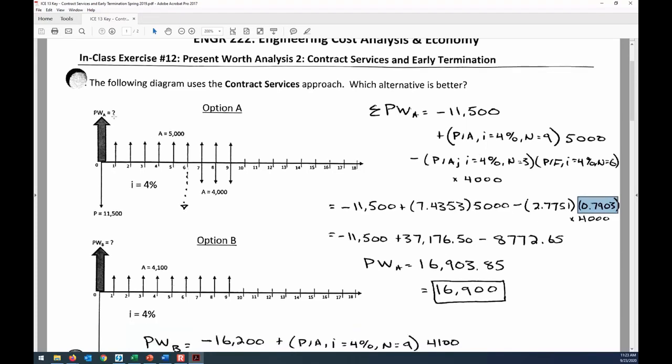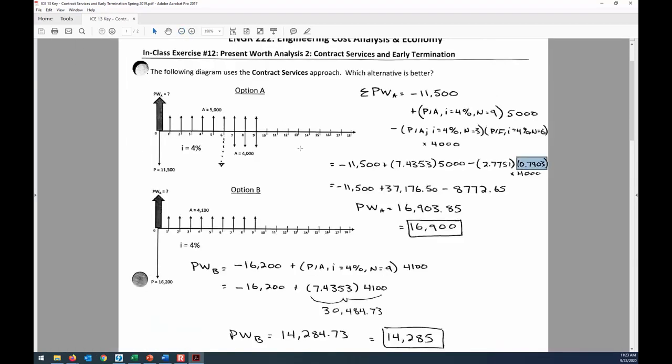Option B is a little bit simpler because we can just do that directly. Find P given A of this 4,100 in revenue each year. So I've got the factor multiplied by the amount, and I indicate the present value of the revenue before combining it with the cost that's already at time zero.